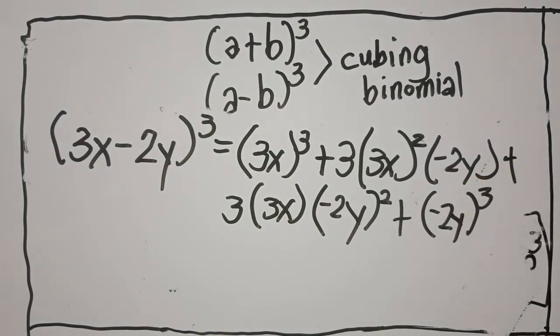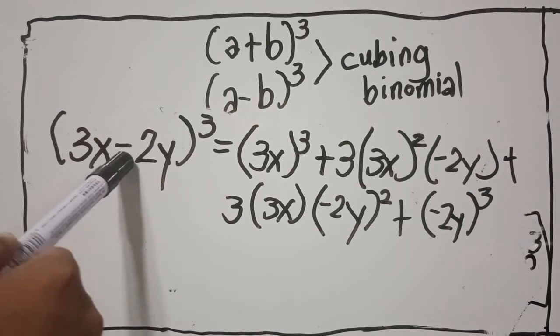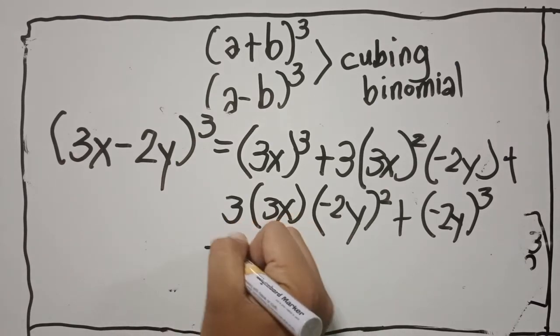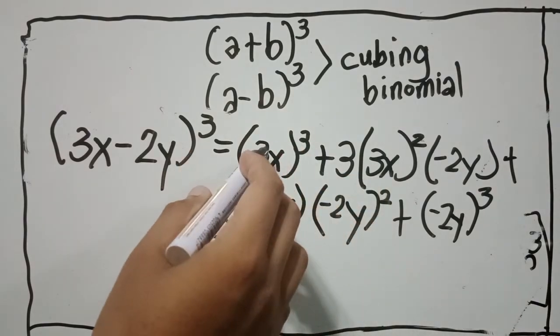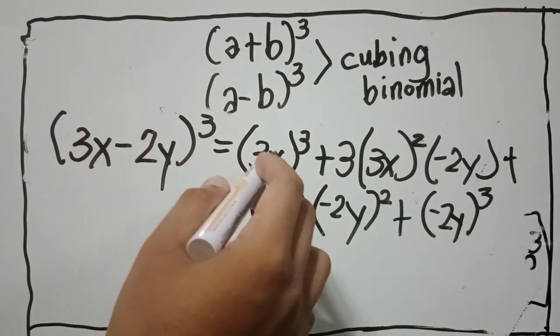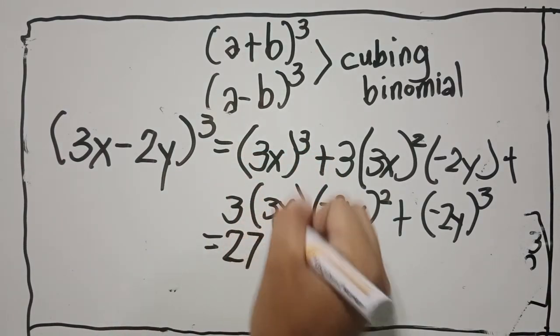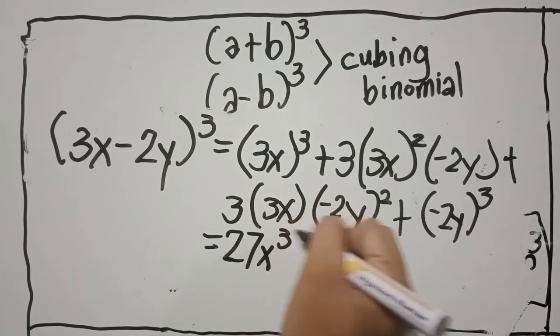The only difference from our previous example is that we have to be extra careful with the negative sign, because that will affect your final answer. So that's 3x cubed. You have to cube the 3 and the x. 3 cubed is 27, then x cubed is x cubed.